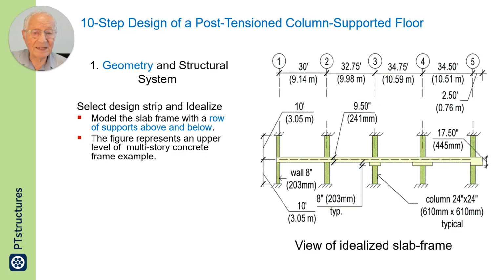Next, we select the design strip which we had. We continue with the selection of the design strip. We model the slab frame with a row of supports above and below. We take a row of supports, columns in this case, above and columns below, one level above, one level below.